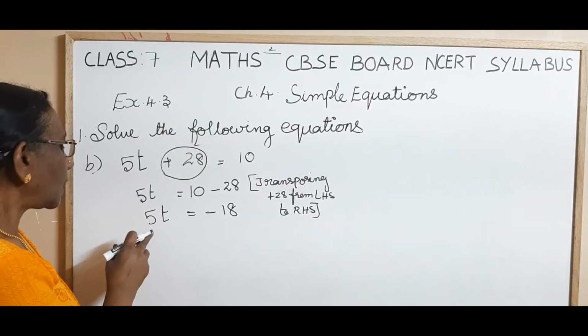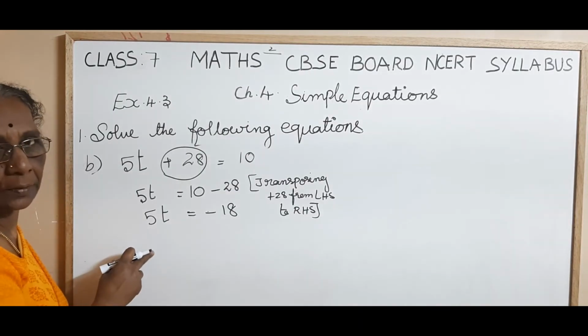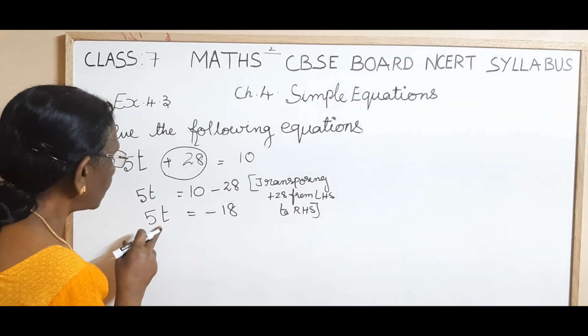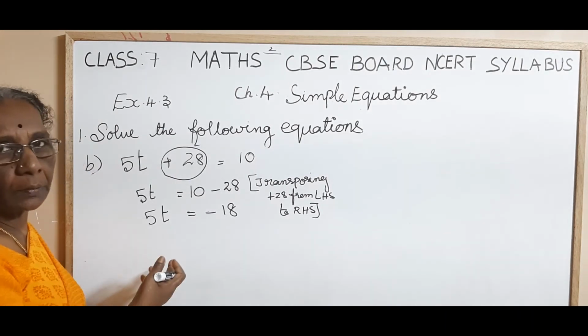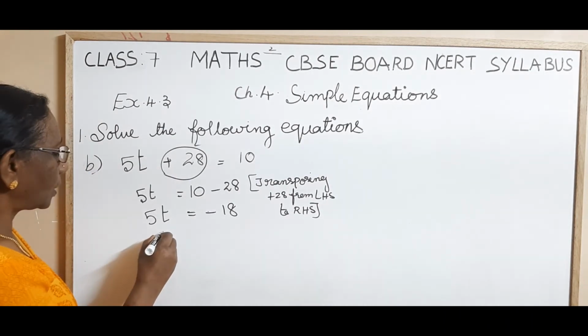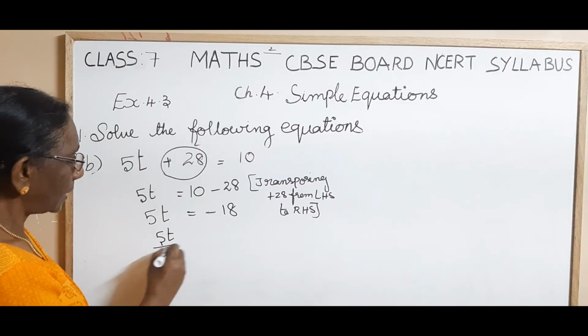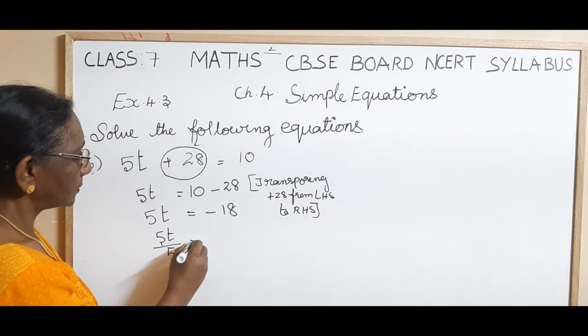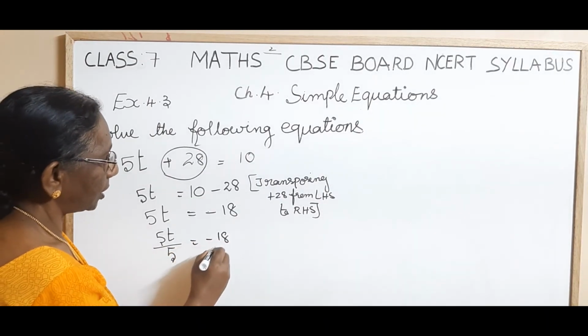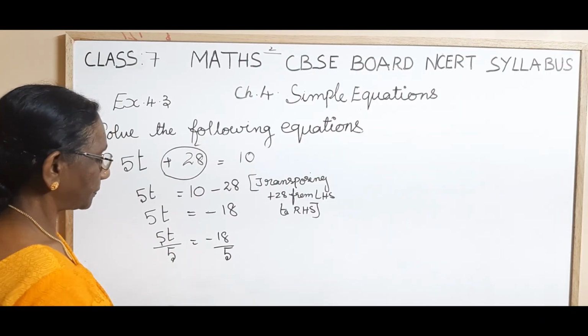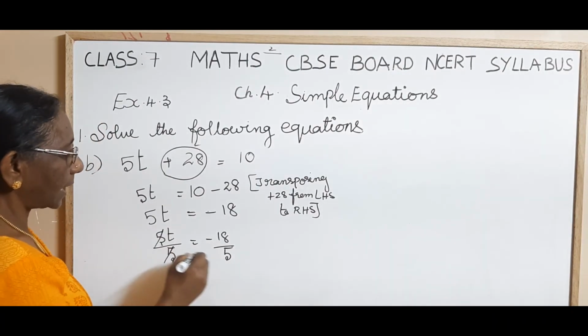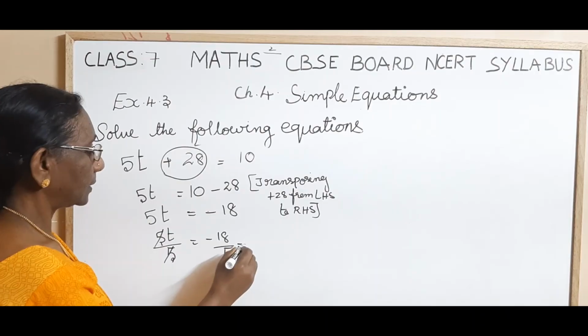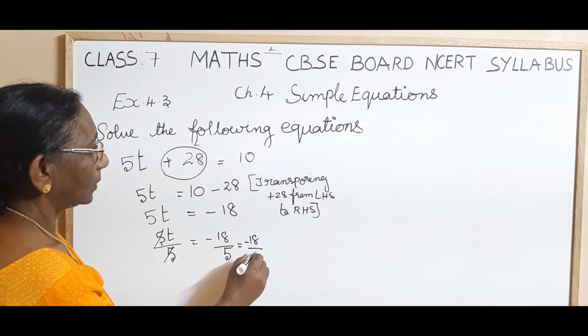And now we have to eliminate 5, the second step. So 5 is 5 into t, so we have to apply division. We have to divide both sides by what number? 5. That is minus 18 by 5. 5 and 5 get cancelled. So the answer is minus 18 by 5.